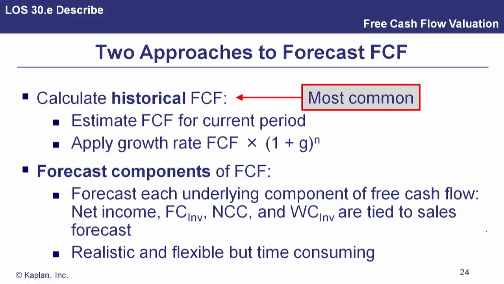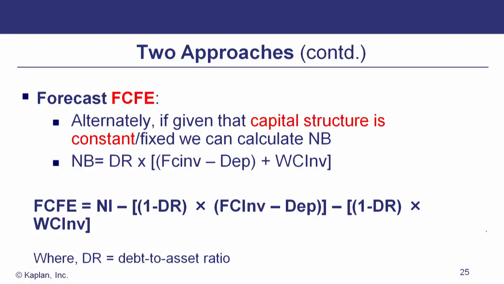When you are looking at a perpetuity, applying a growth rate forever, it would not be practical to have a significantly different growth rate for individual components. So in stage 1, for the first 5 years, for example, you may have differences in growth rate for individual components, but at some point in time, the growth rate should be equal for the components.